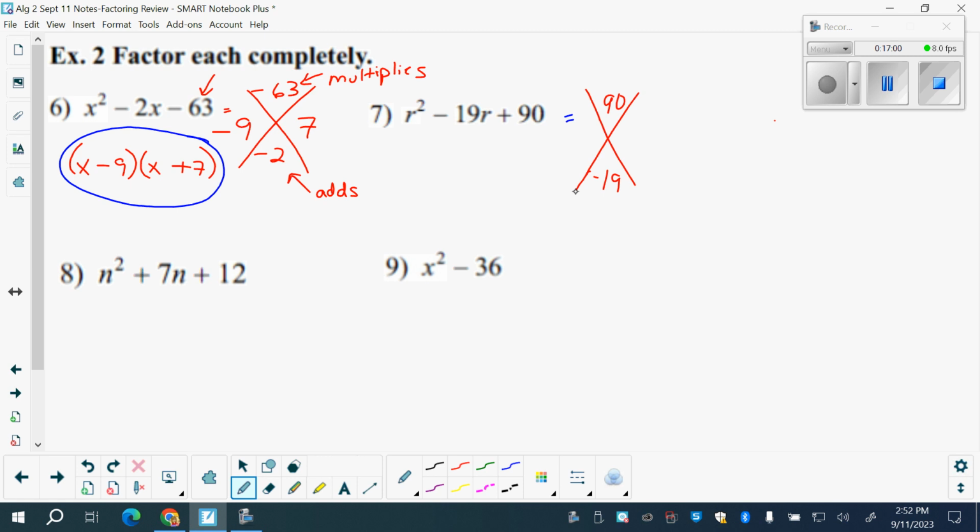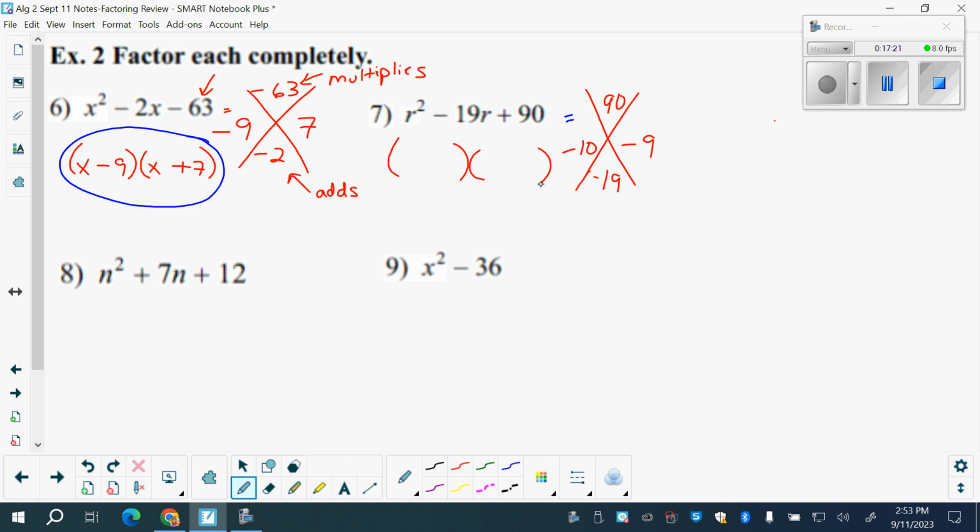So always, this is the constant, the number, and this is your coefficient in front of what's called the linear term. So what multiplies to 90 that adds to negative 19? Yes, negative 10 and negative 9.